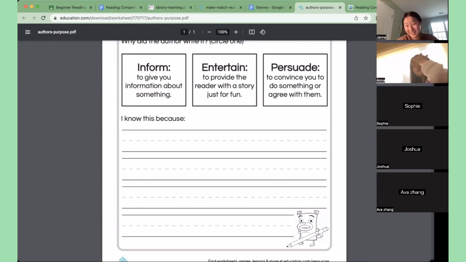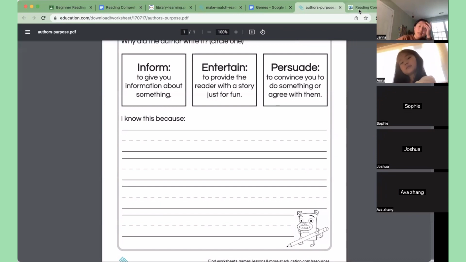That's true, but it's not trying to convince you to do something, or neither is it trying to give you information. It's trying to make a story.